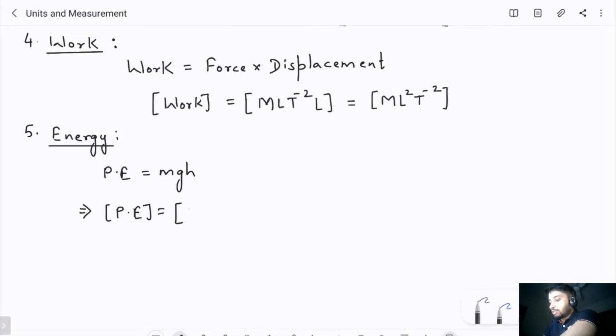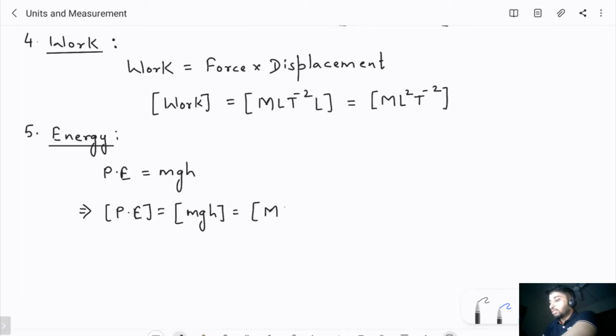Now m is mass. For mass we can write capital M. g is nothing but acceleration due to gravity. So acceleration due to gravity will have same dimension as that of acceleration.